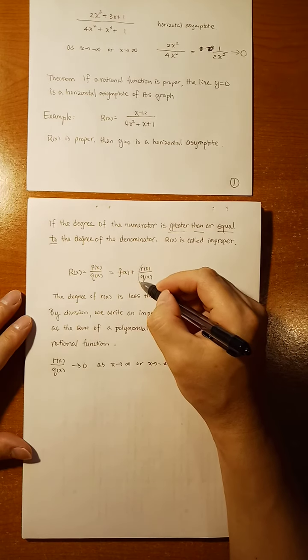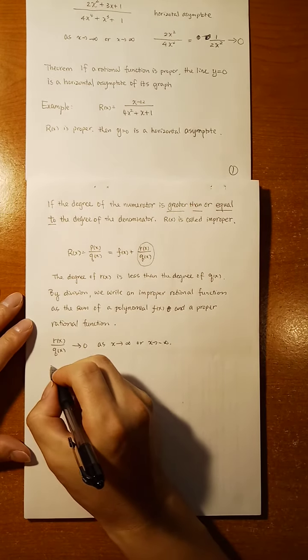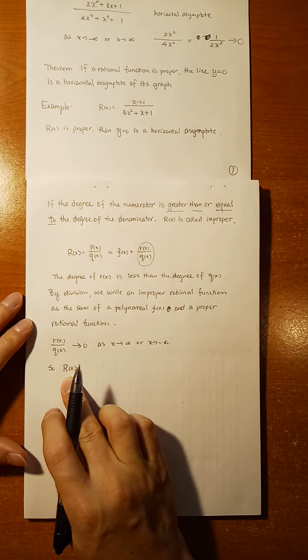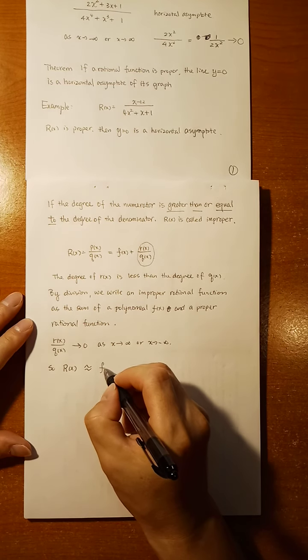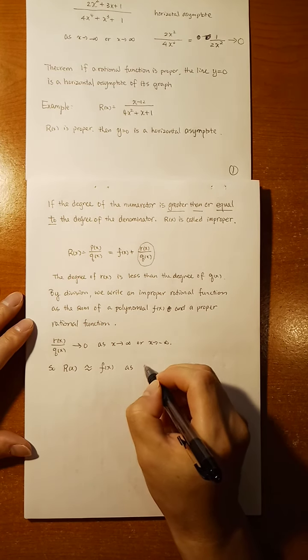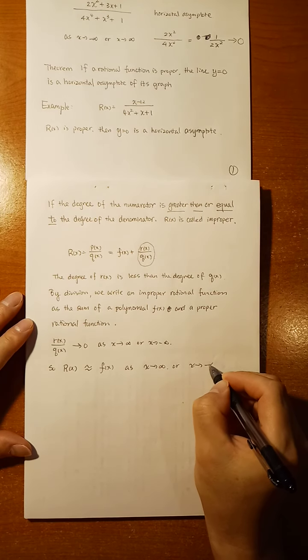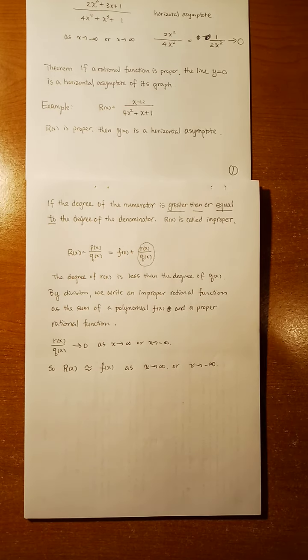So this term, when x is huge, you can ignore it. So the original rational function is more or less the polynomial as x approaches infinity or negative infinity, just because this proper part will be extremely small and can be ignored.